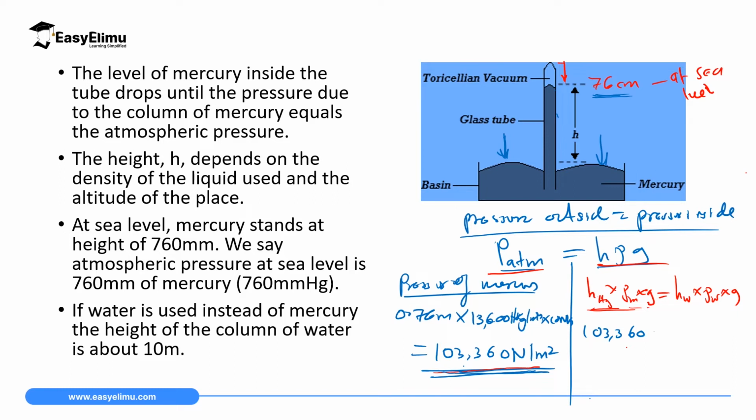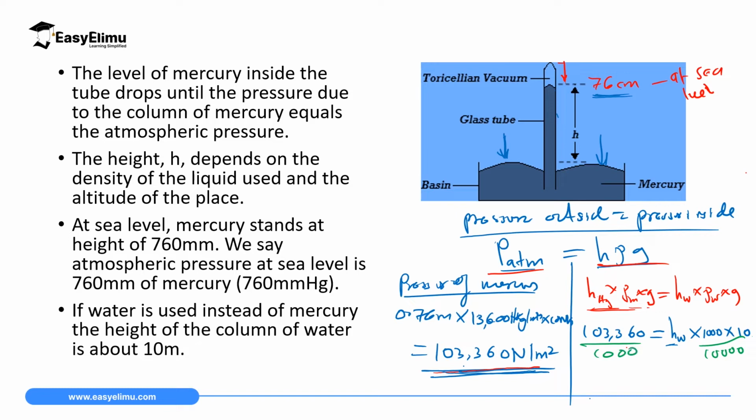So if we want to know the height at which atmospheric pressure will support the water, it will be equal to height of water, which we don't know, times density of water, which is 1000, times gravitational field strength, which is 10. Then if we want to know the height which this atmospheric pressure will support the water column, we will simply divide by 10,000. 1,000 times 10 is 10,000.